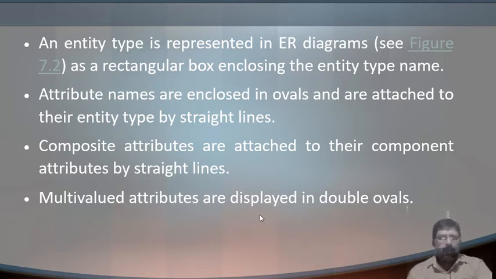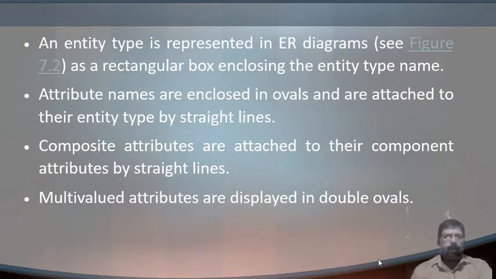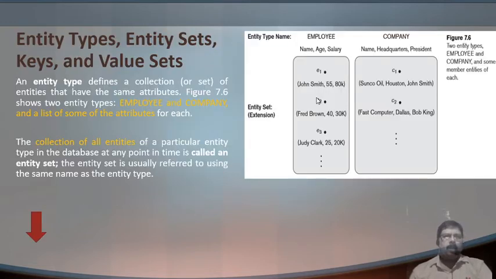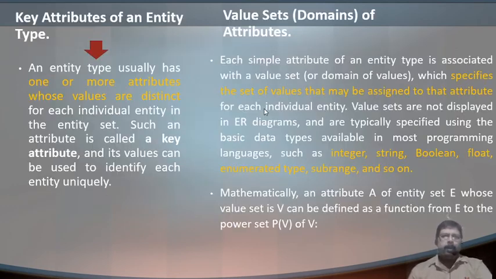There are also multi-valued attributes, which are displayed in dotted ovals. Here the oval dotted box represents the number of employees. This is how you can represent entity types in the ER diagram. If it is asked how entity types are represented in an ER diagram, these are the rules followed to draw the entity relationship diagram.